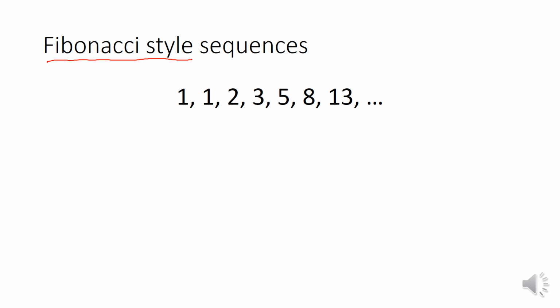Okay, so with this one, to get to each term in the sequence we're adding up the previous 2 terms. The first two numbers start the sequence, so there aren't 2 terms before them and the rule doesn't apply to them. With Fibonacci style sequences, you'll sometimes get different variations on the starting 2 numbers, but from then the rule is the same. To get 2, we add 1 and 1. To get 3, we add the 2 terms before it, 1 and 2.